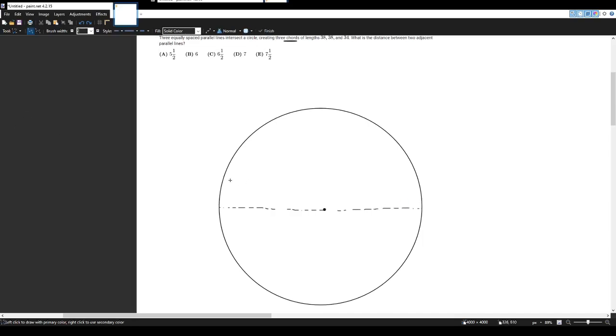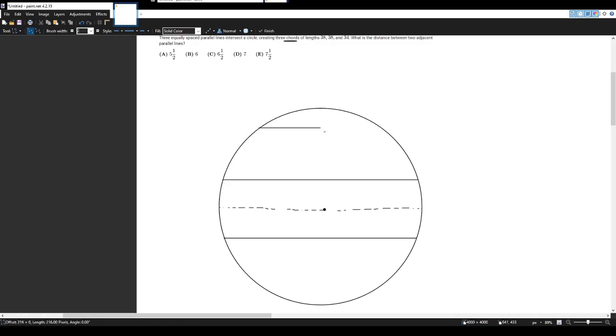Okay, so let's draw the first chord. Let's give ourselves some room to work with here. So let's say like that maybe. The other one approximately on the other side, and we'll call those the 38 chords. And then we need a 34 one. So obviously it's going to be somewhere in this zone because it's going to be shorter. If we take this distance and just eyeball it up to here, maybe, that looks about right.